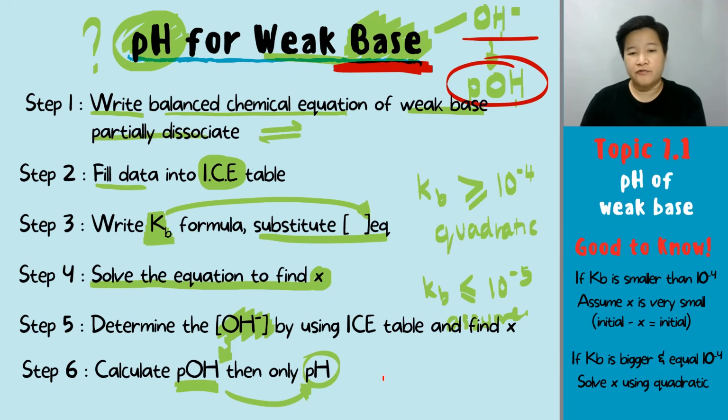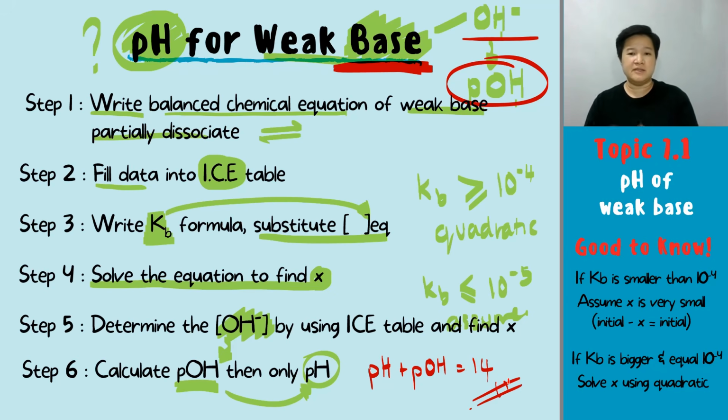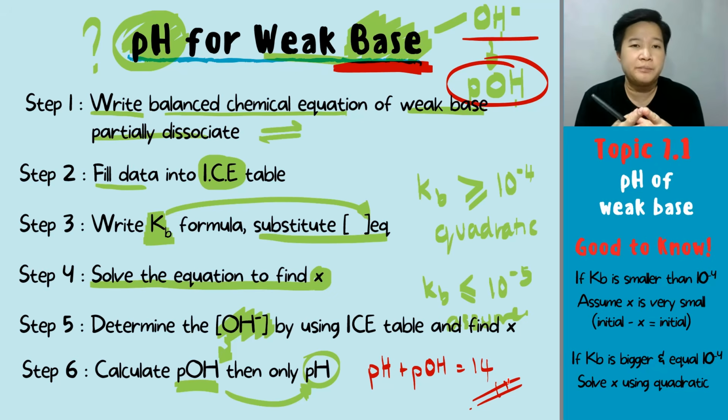And of course, the formula that we will use is pH plus pOH equals 14. So the calculation for the pH of your weak base is very similar to the one for your weak acid, just one more extra step, because you need to find the pOH first before the pH.